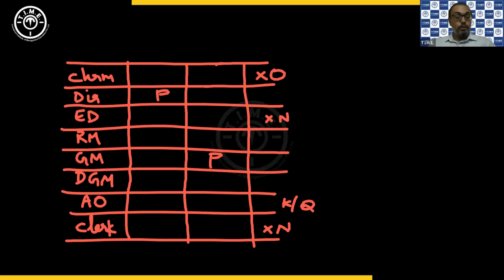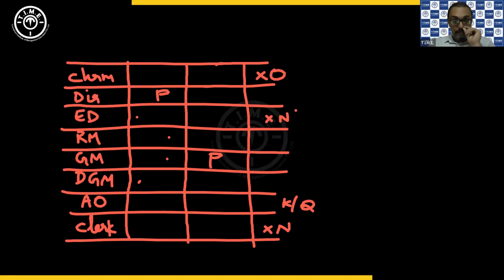Correct? So in the first case, O cannot be chairman, O cannot be director. Now if I take O as ED, then you can have N as DGM. Then if I take O as RM, then I can have N as GM because those are the same positions from opposite ends.